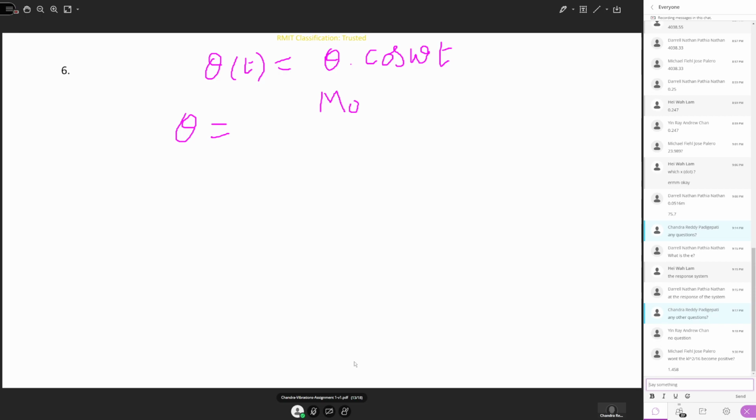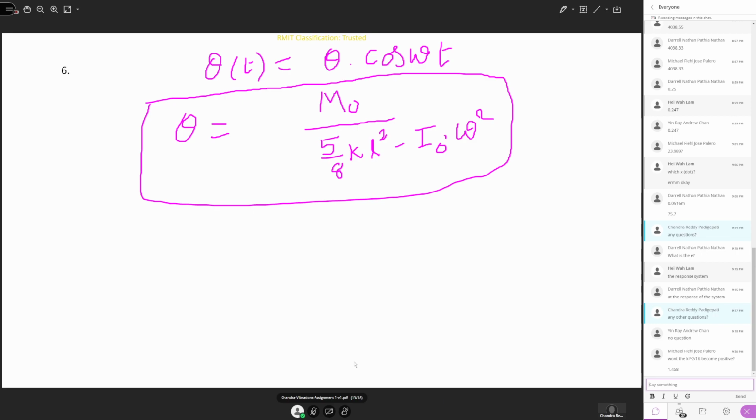I'm giving you the final equation: theta equals M naught over 5 by 8 K L square minus I naught omega square. This is the maximum angular displacement, or amplitude of angular displacement.